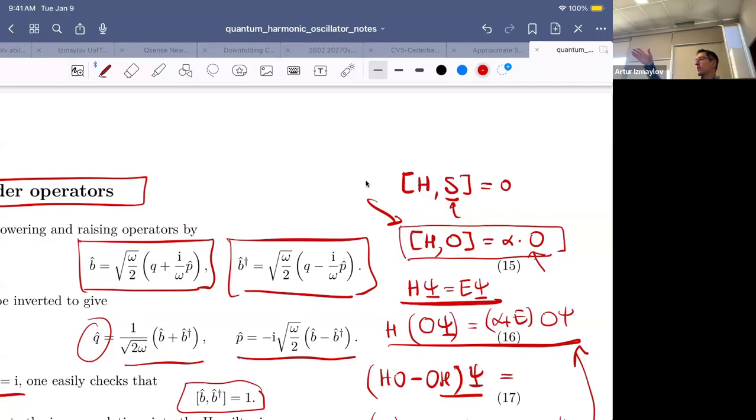If you find an operator that doesn't commute with the Hamiltonian, but the commutator with the Hamiltonian gives back the same operator times a constant, that's a magical operator, because when you give that operator a function, it can create new eigenfunctions. So that's the goal. It's like you found gold, essentially. That's why we want raising and lowering operators, because they can create more eigenfunctions from a single eigenfunction.